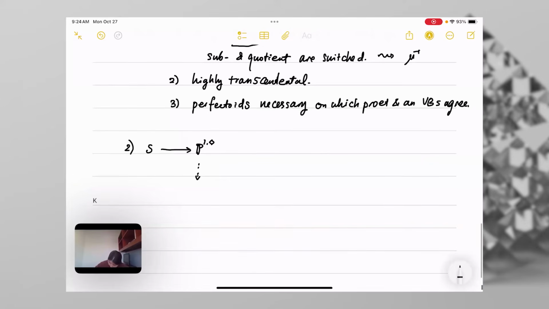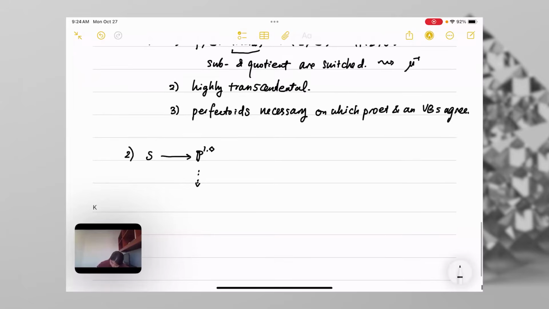We want to construct the map to sorry, for some reason this pen is not working.